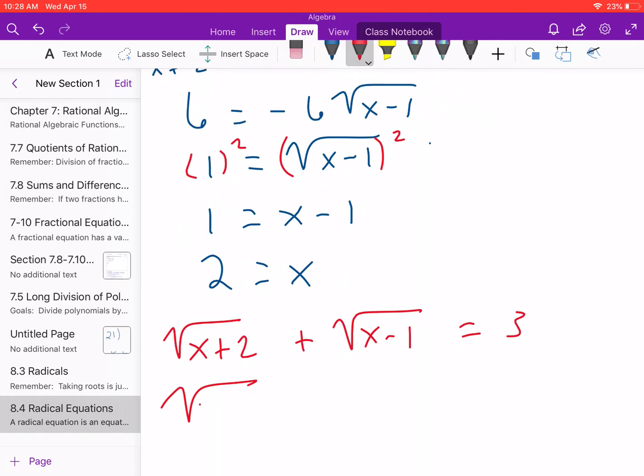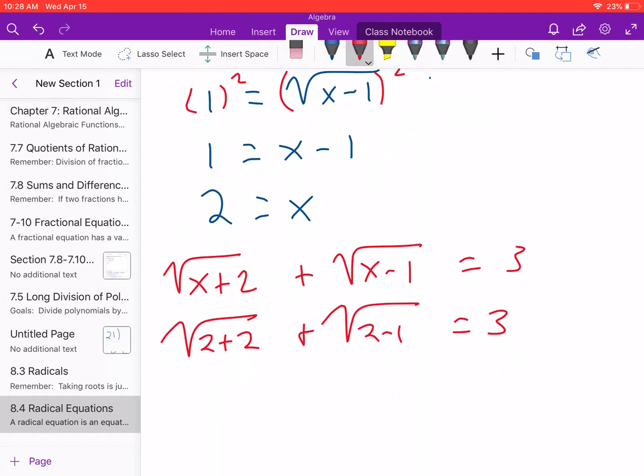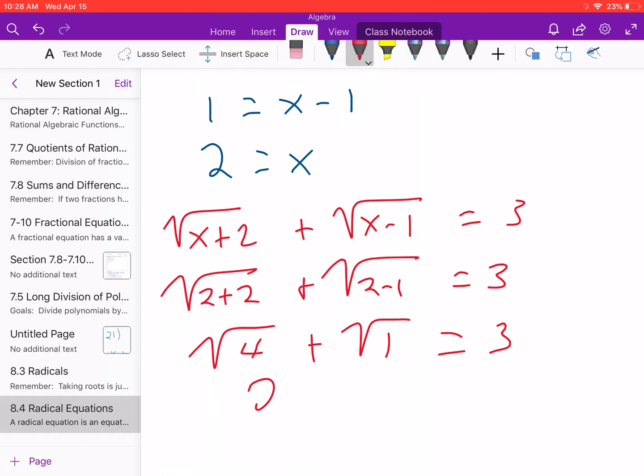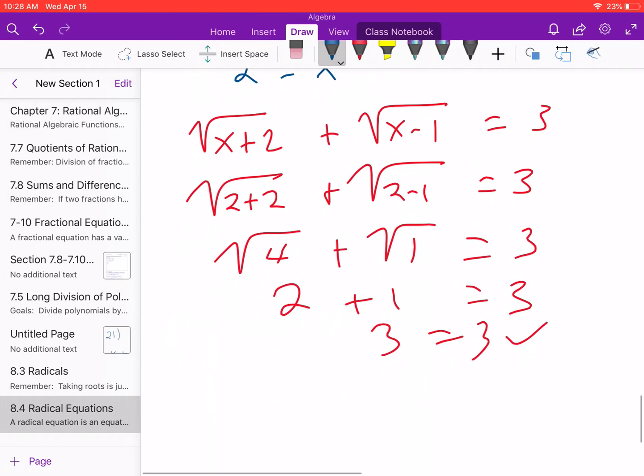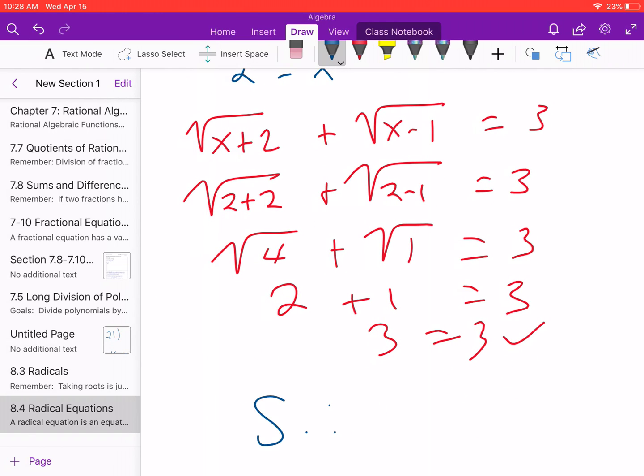Plug in that 2: square root of 2 plus 2, plus the square root of 2 minus 1 equals 3. The square root of 4 plus the square root of 1 equals 3. 2 plus 1 equals 3. 3 does equal 3. So in this case, my final solution will be rewritten as just a positive 3.